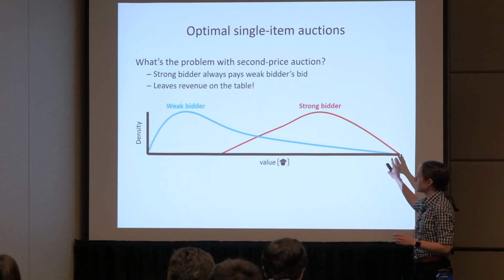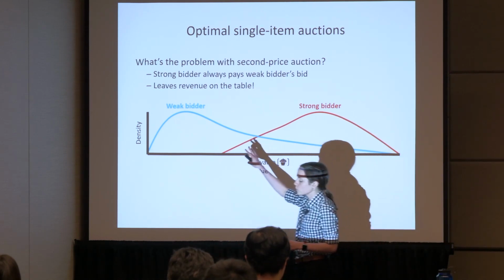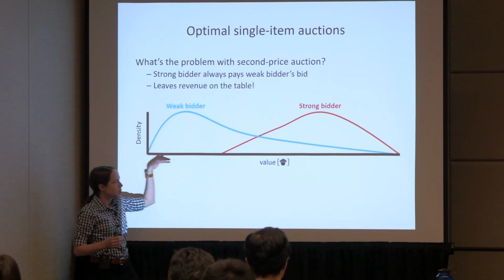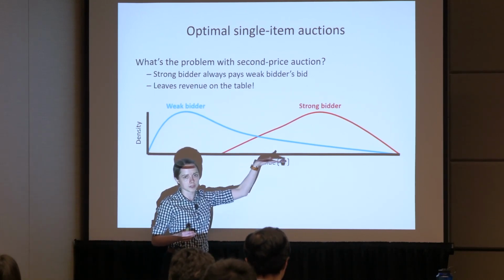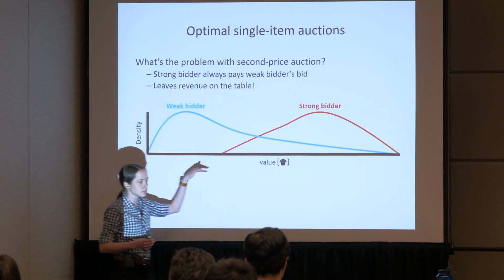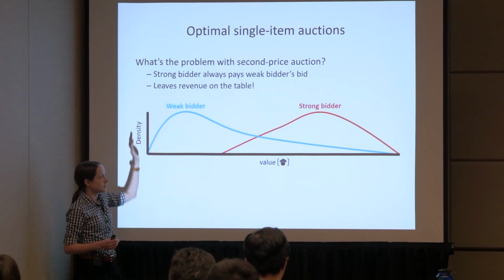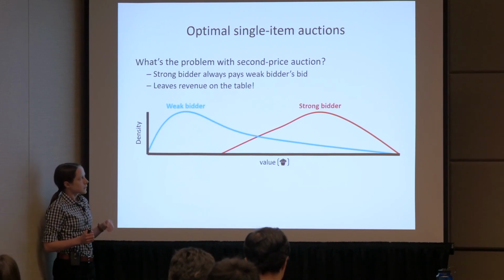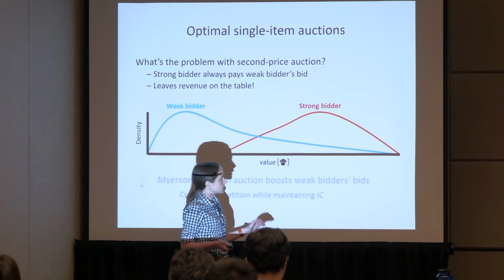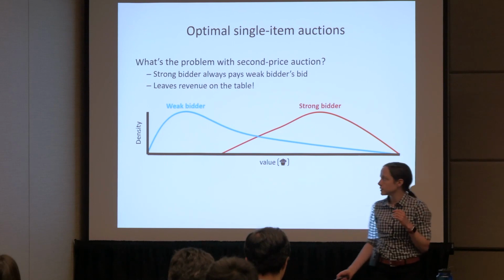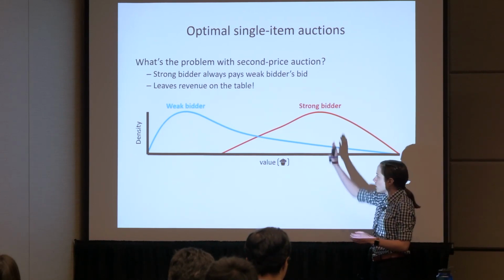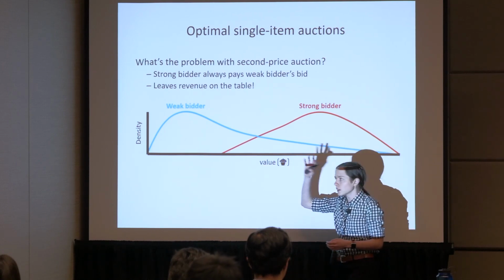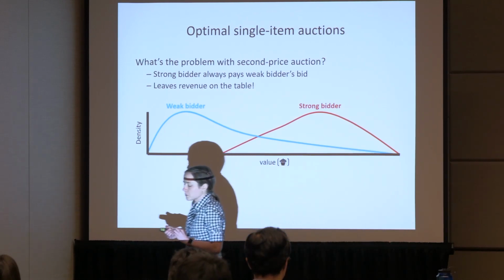Well, let's think about the case where there's some strong bidder and some weak bidder. The plots I have here are density functions where we've got the value of this item along the x-axis, and the density of each bidder along the y-axis. If we were to run the second price auction for this situation, the strong bidder is always going to be winning, and they're always going to be paying the weak bidder's bid.